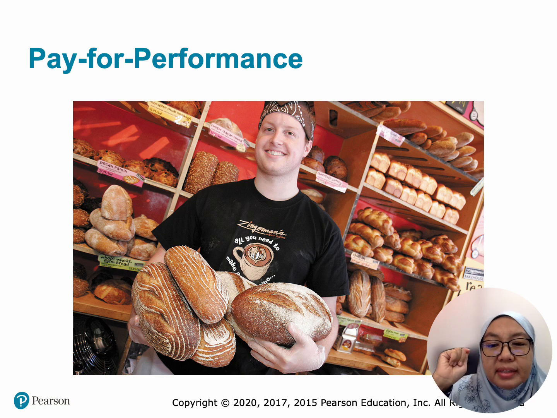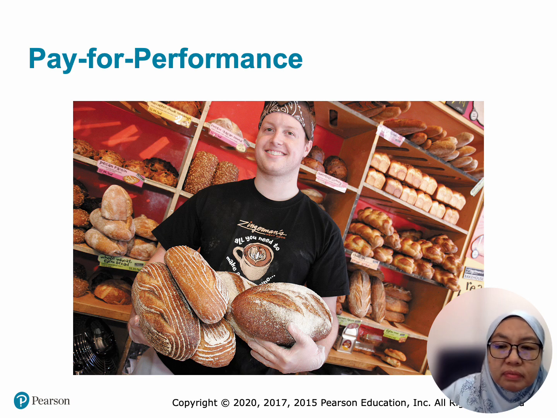Wage incentive plans, profit sharing, lump sum bonuses, these are some examples of pay for performance programs. So these performance measures might include such things as individual productivity, team or group productivity, departmental productivity, or the overall organization's financial performance.